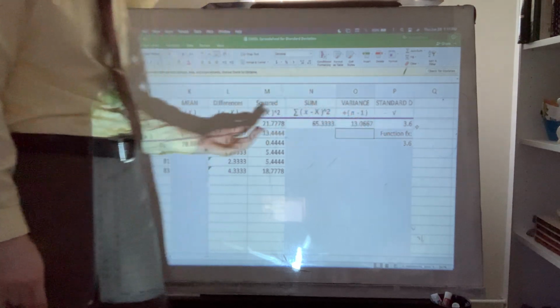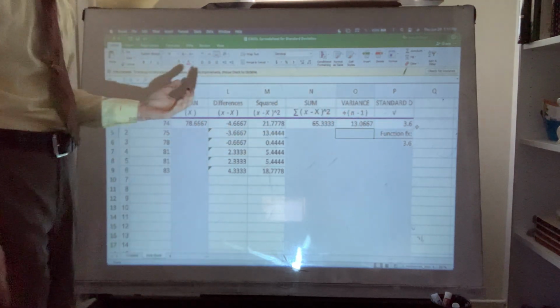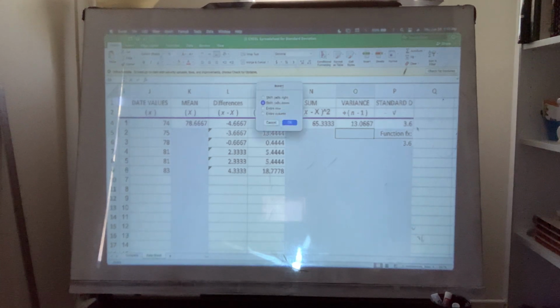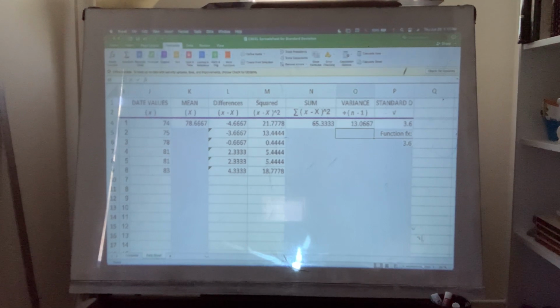If you wanted to get it of a population, I believe that would be another one of the choices. If you are interested in digging through Excel a little bit, there are formulas here to choose from. Here are some examples: recently used, financial, logical, text, data, math and trigonometry. I think financial is probably where it would be located.